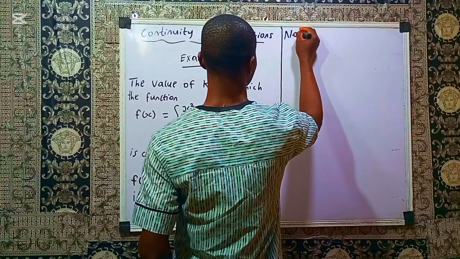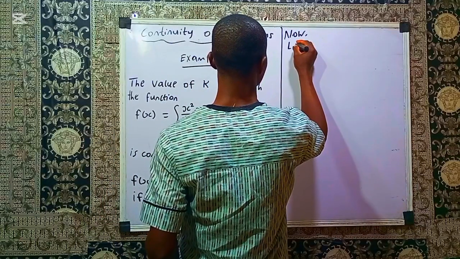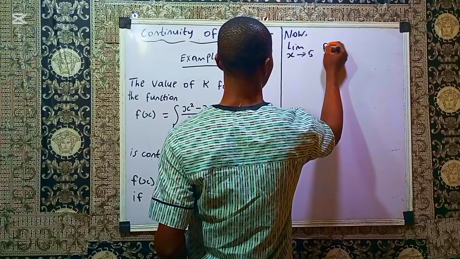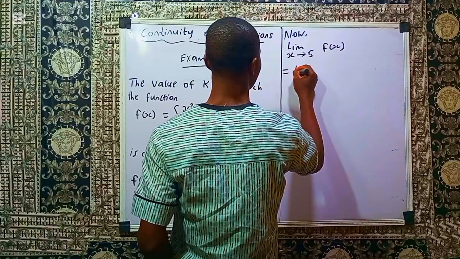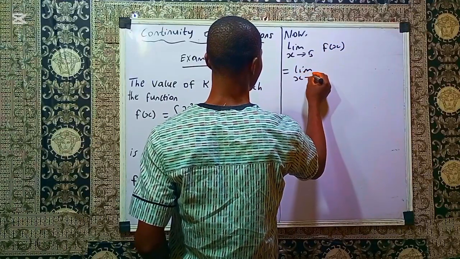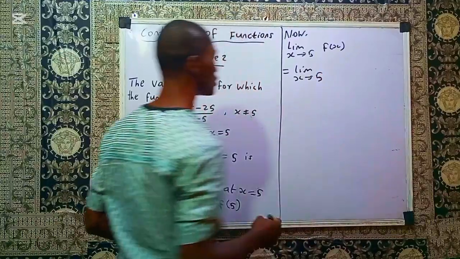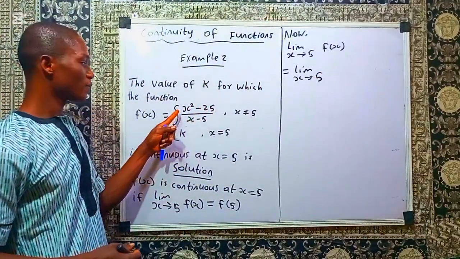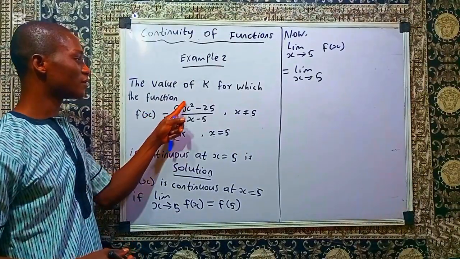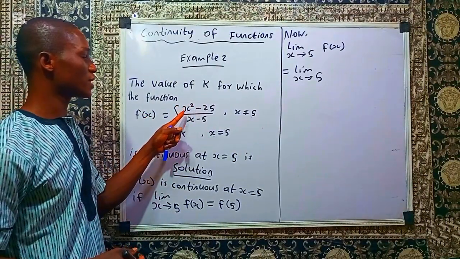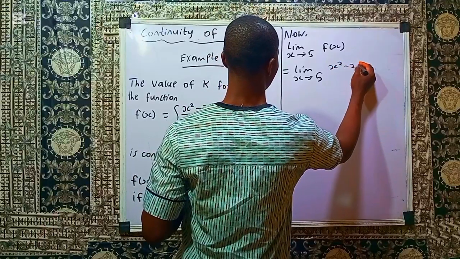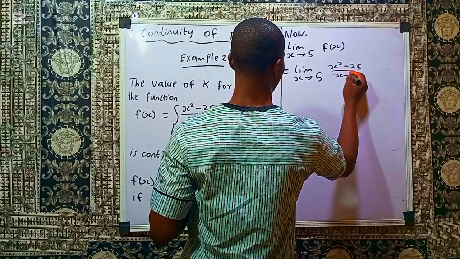Now, the limit as x goes to 5 of f of x will be equal to the limit as x goes to 5 of the function given to us here, x squared minus 25 divided by x minus 5.